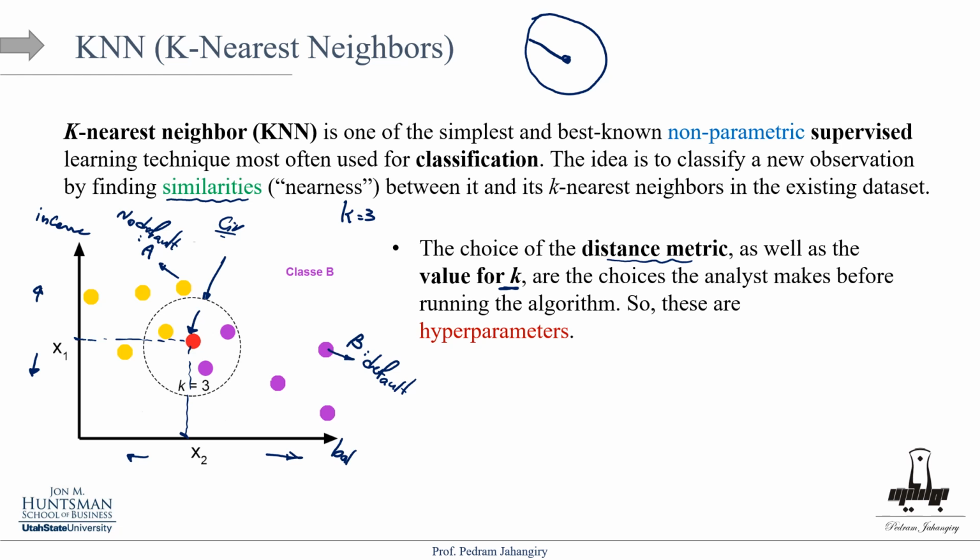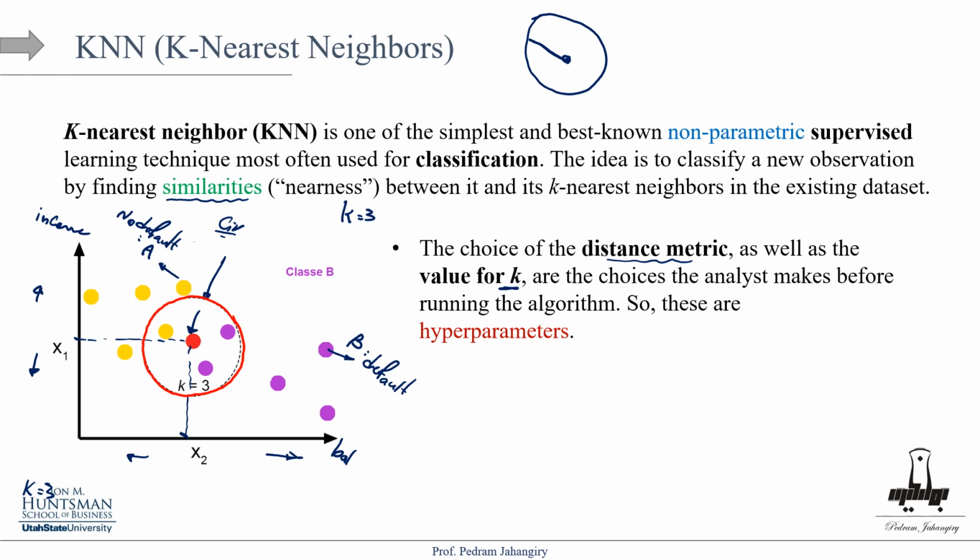Then, if K is equal to 3, in this super simple example, what should be the class of red? This new observation, the red circle, should be classified as purple, because in this neighborhood, there are 2 purples and 1 yellow.